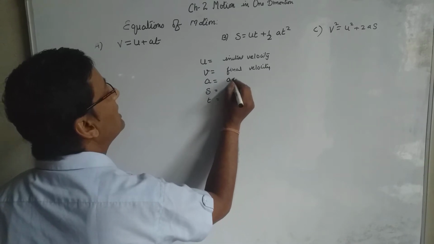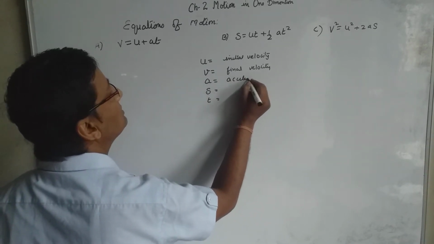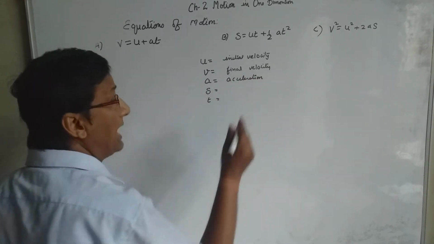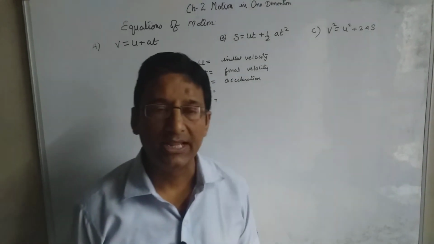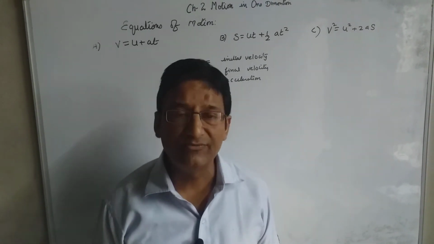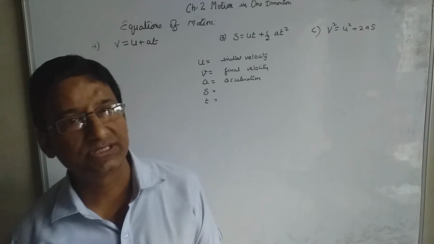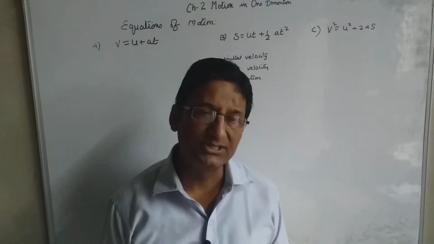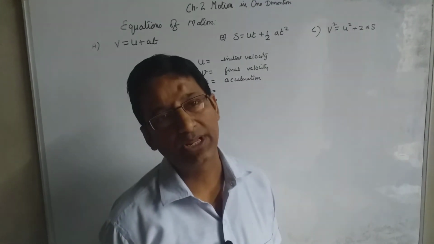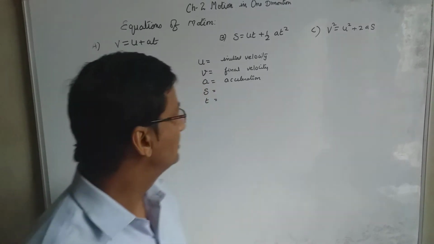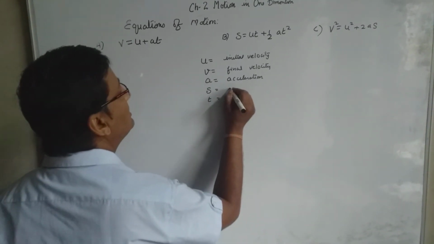A means acceleration. Acceleration and retardation are same. Acceleration means when there is increase in velocity with respect to time. When there is decrease in velocity with respect to time, it is known as retardation. S means displacement.